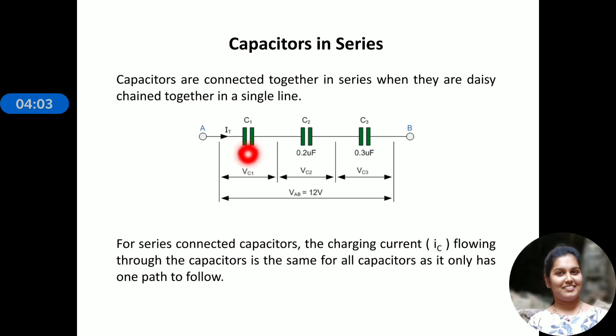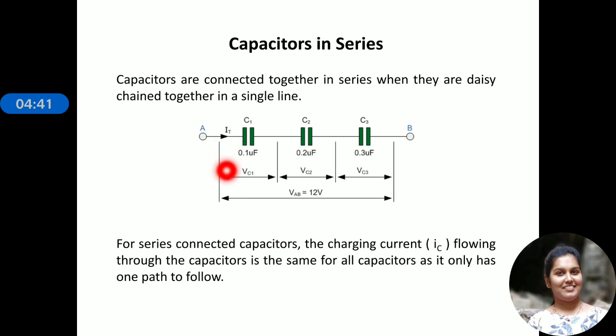As there are no other paths, the charging current will flow through only one path. So the capacitors in series all have the same current through them. It is obvious that the current is the same in all three capacitors.